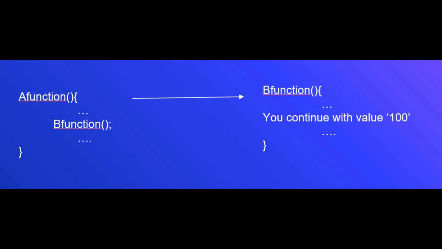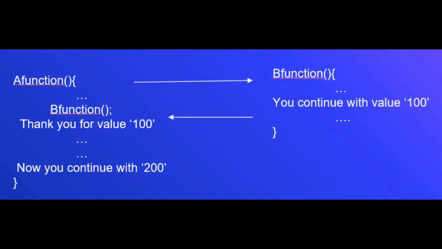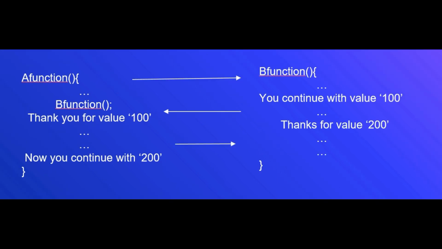The control transfers back to A function and it says, "Thank you for value 100." It does something and says, "Now you can continue with value 200." The control is then transferred to B function, which says, "Thank you for value 200," and then it continues the passing of values between A function and B function.